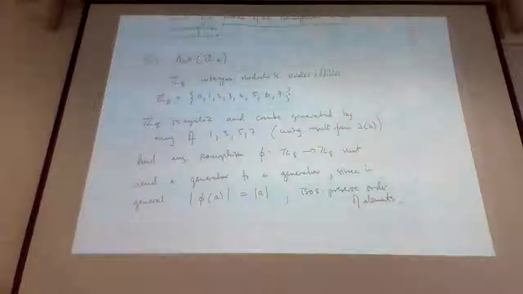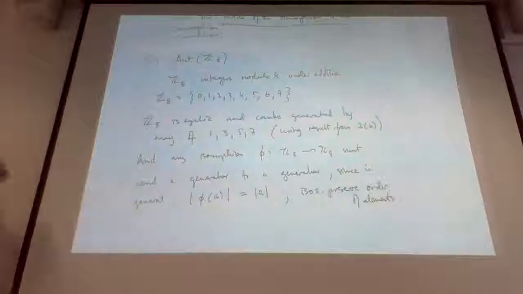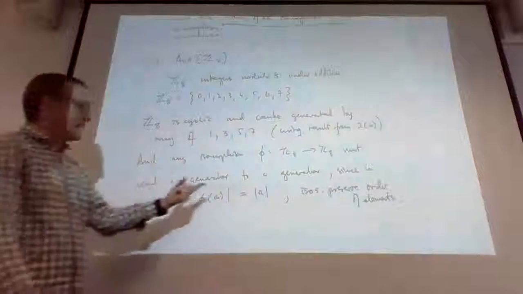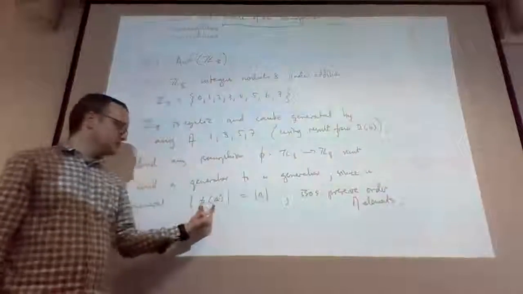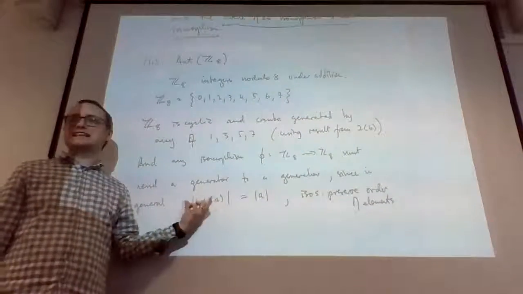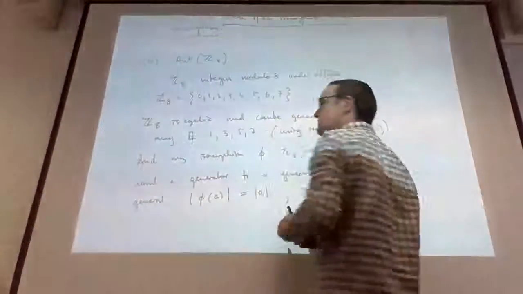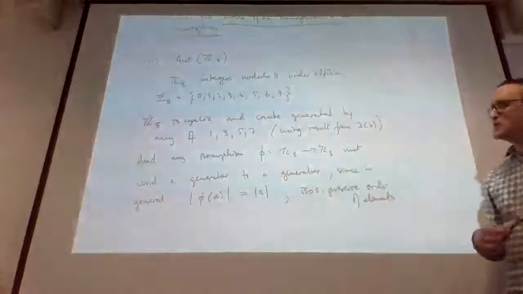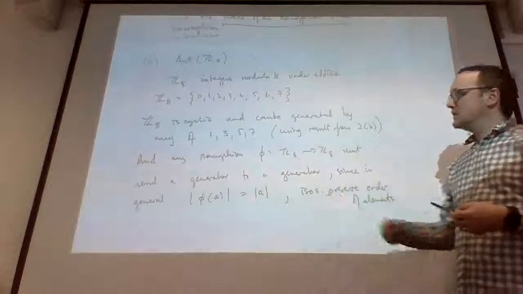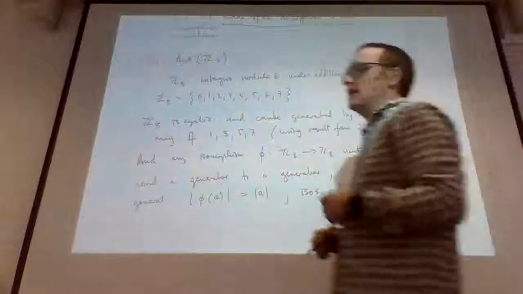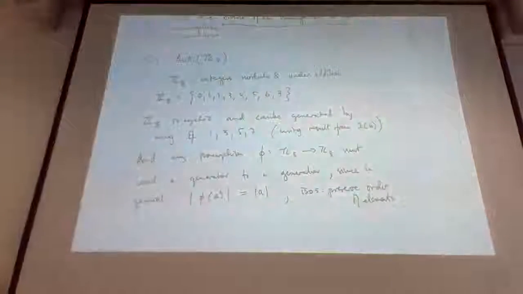Remember, the guiding principle is an isomorphism is a kind of exact replica of the group structure. So if an element A has a certain order, its image under an isomorphism will have exactly that same order. The generators are all the ones with order 8, which generate the whole group. But then if you map them under phi, they again have to go to any element of order 8.